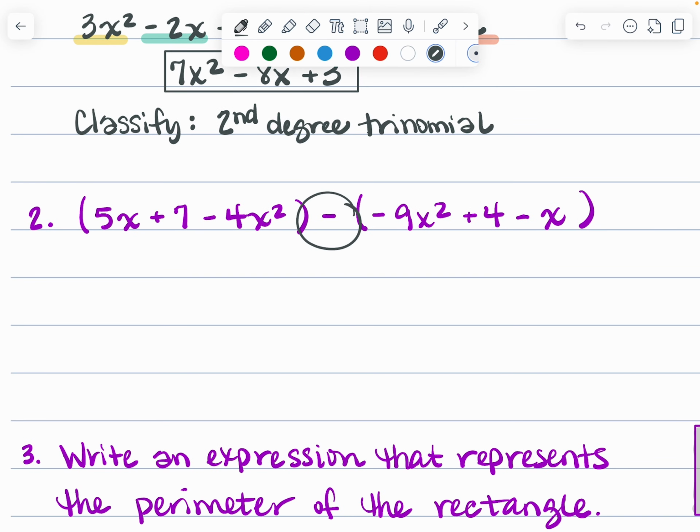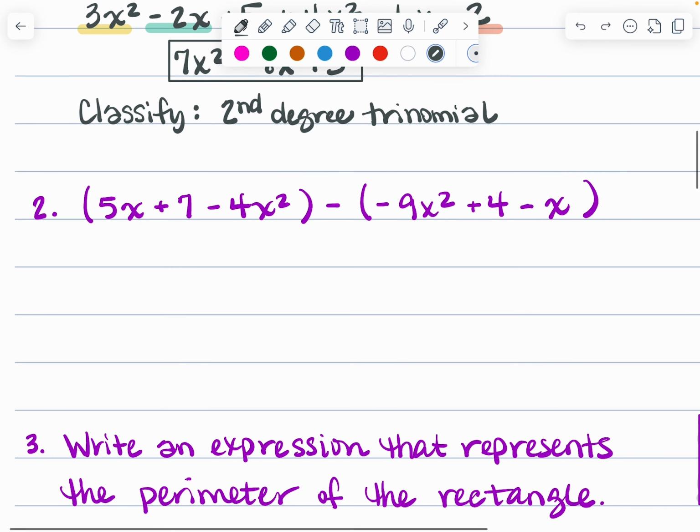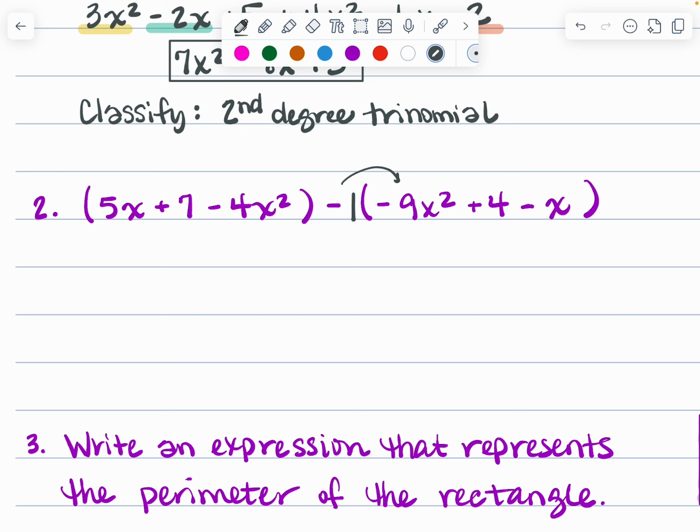This is clearly a subtraction problem, and the only difference there is that this is now a negative 1 in front of that parenthesis. So when I distribute and multiply everybody by negative 1, that is going to change everyone's sign, because a negative 1 times a negative 9 is a positive 9x squared, and a negative 1 times a positive 4 is a negative 4, and a negative 1 times a negative 1x is a positive 1x.